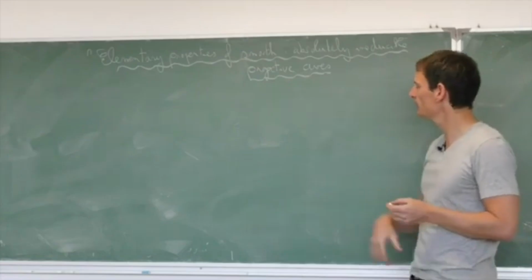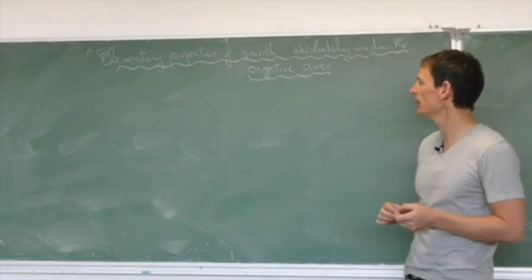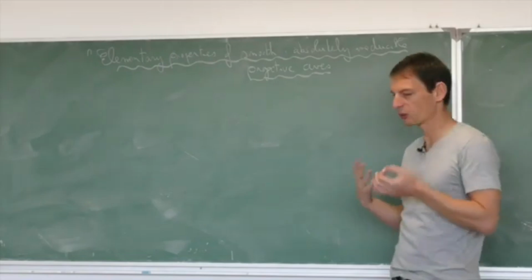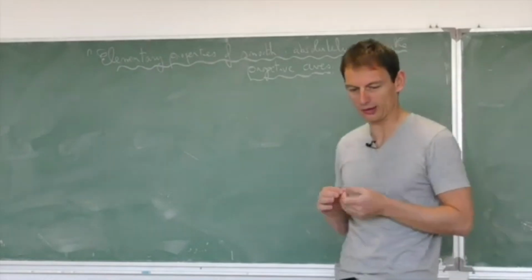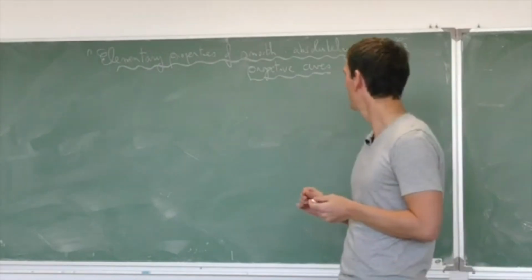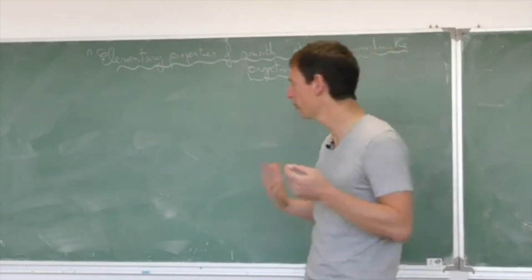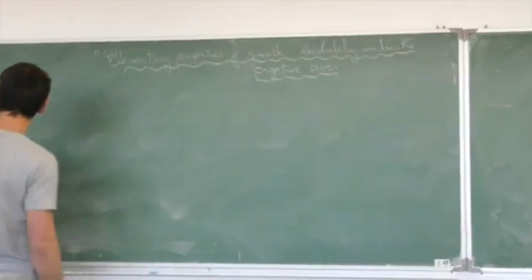And projective, I motivated a bit yesterday, but we will see even more today why it is so important to have this property, in order to give nice things. So let's focus first on smooth. Why is smooth so nice?